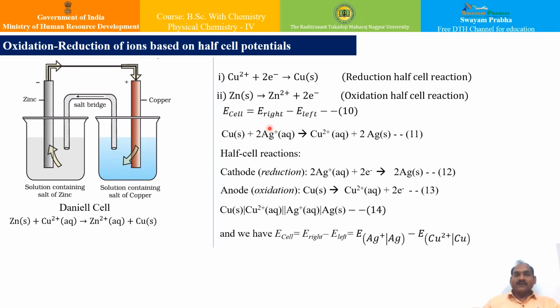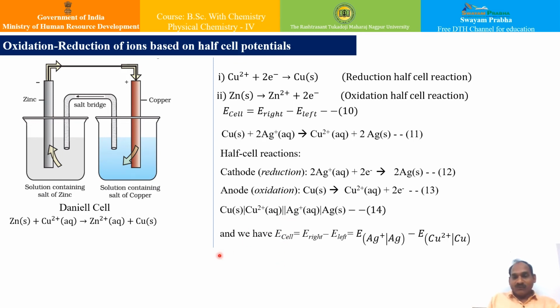Okay, now in the cell which is represented by equation 11, it can be seen that the silver electrode acts as a cathode here, and the copper electrode acts as an anode. Now the cell can be represented overall by the equation shown here as 14. So copper is in contact with the copper ion, silver ions are in contact with the silver, and both of them are separated by a porous material, that is the salt bridge.